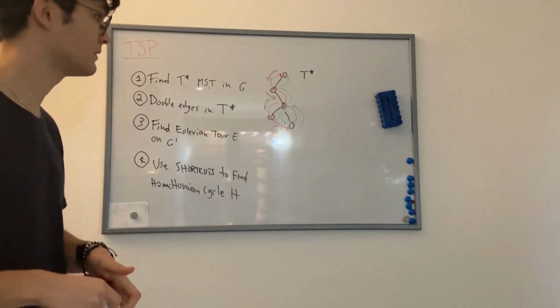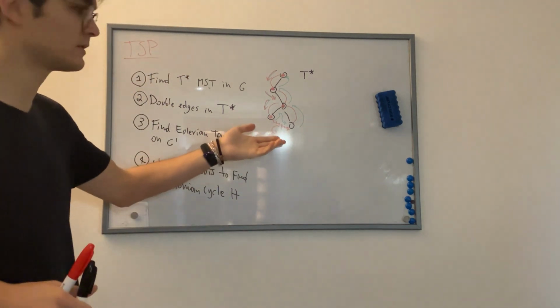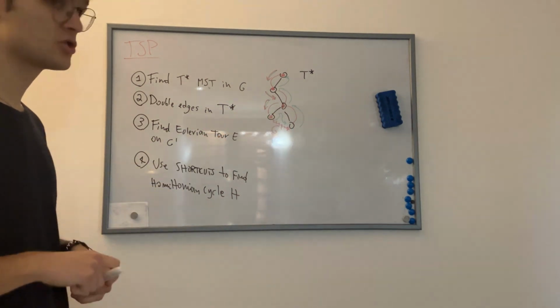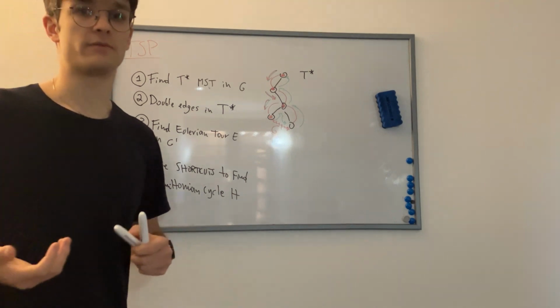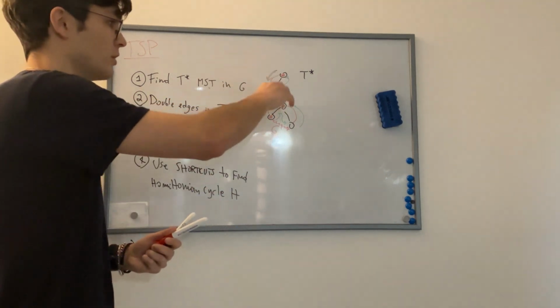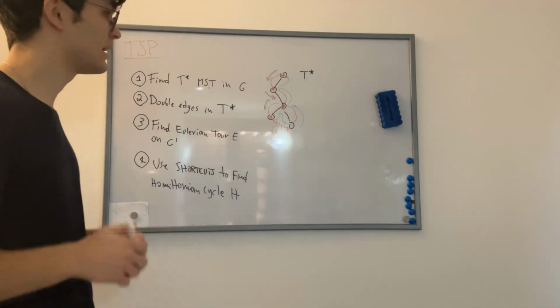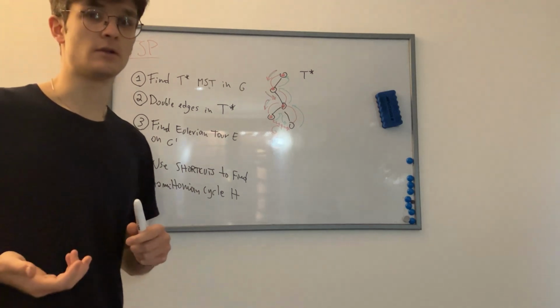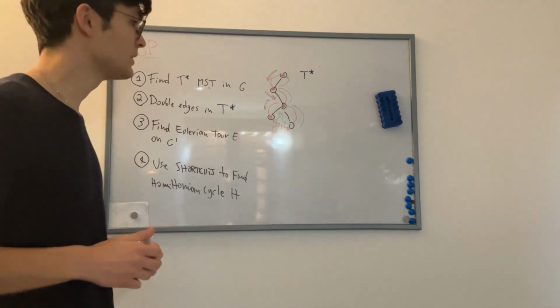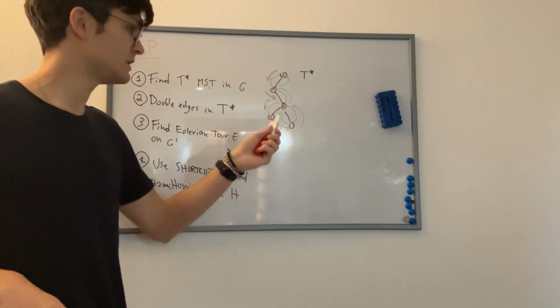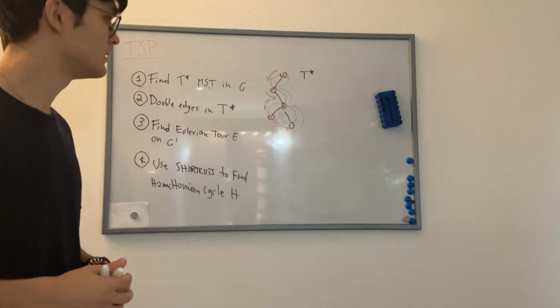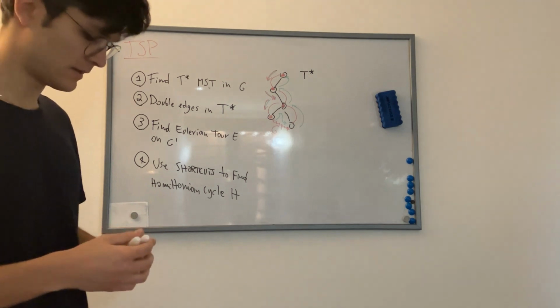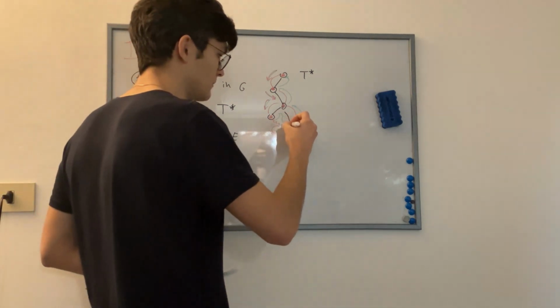And what is the shortcut? You're saying there's no edge that makes me go there. But actually, if you remember, in the input of our problem, we had a complete graph, meaning that here I've drawn only the spanning tree, but we actually have one edge for each single pair of nodes. So there is an edge that goes there. It's just not part of the spanning tree. So we take that edge and go there.